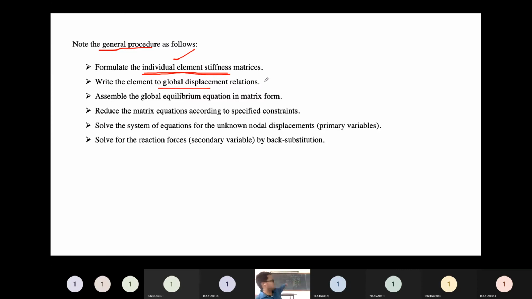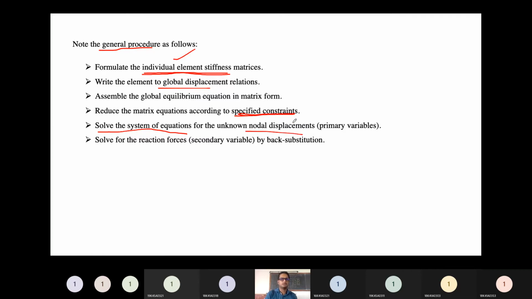Now assembly is done: assemble the global equilibrium equation in matrix form. Then we applied the boundary condition, or you can say the specified constraint, to simplify that matrix, and then you solve the system of equations for the unknown nodal displacements.